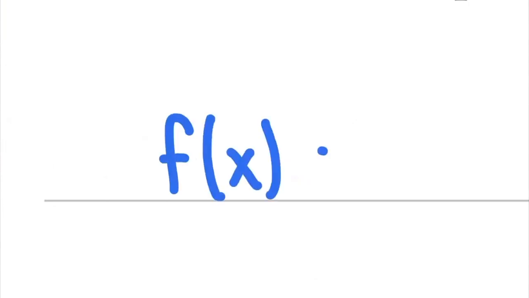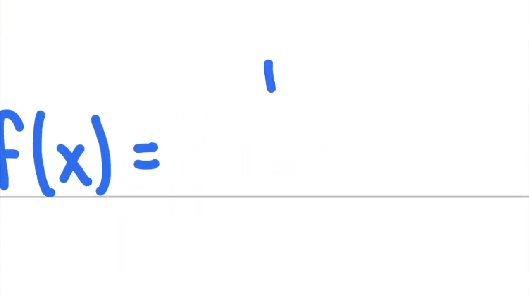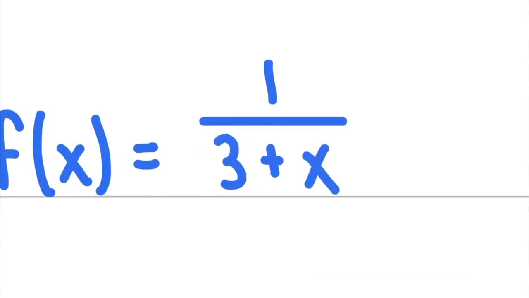So we have f of x equals 1 over 3 plus x. To make this a 1, I'm going to factor out a 3 from the denominator.